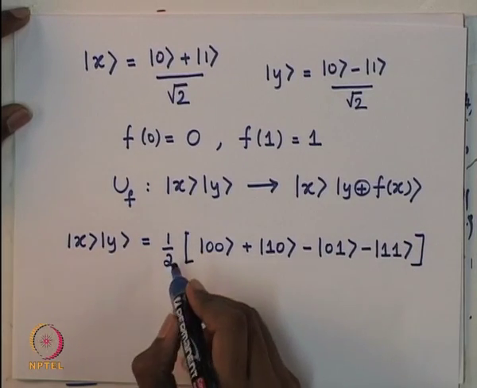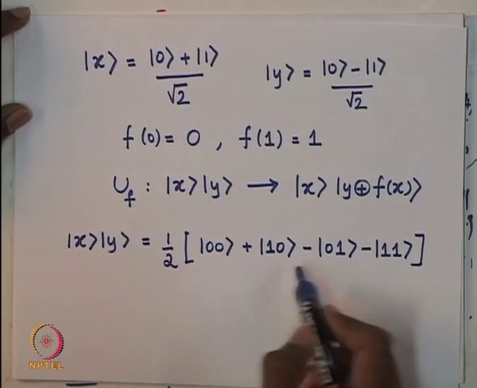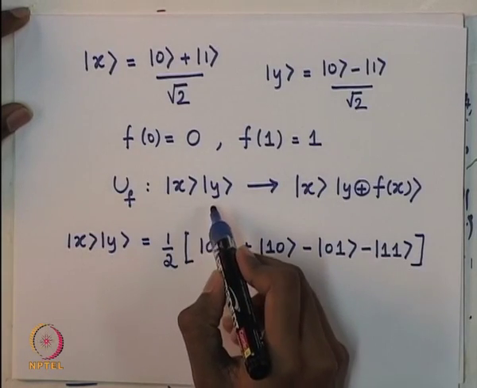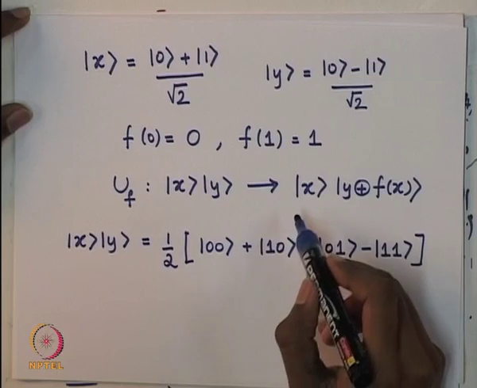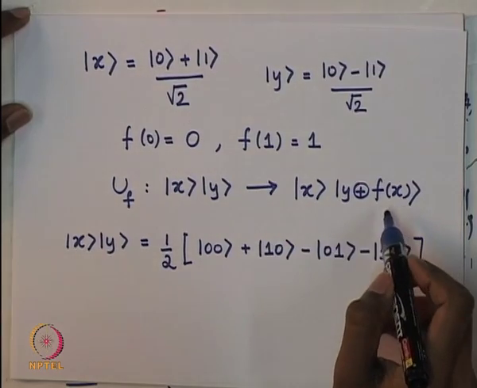So we want to find the action of this oracle on this input. What is the output when we have given x and y qubits to the oracle? The first qubit stays as it is and the second qubit changes.